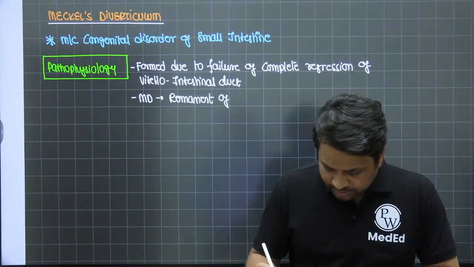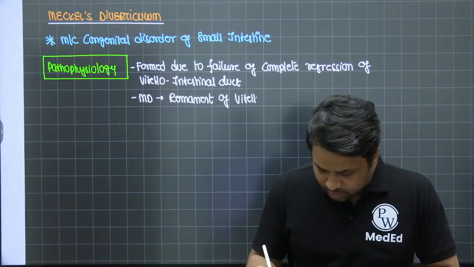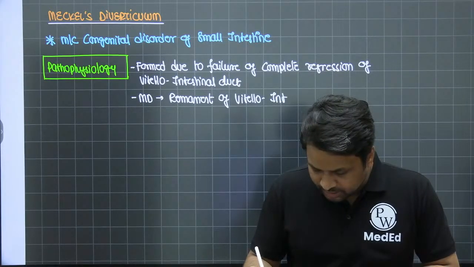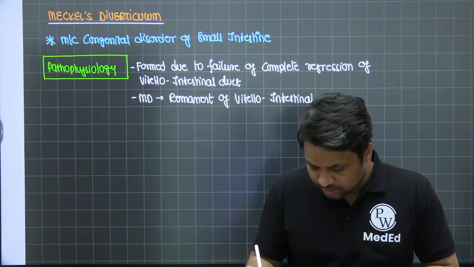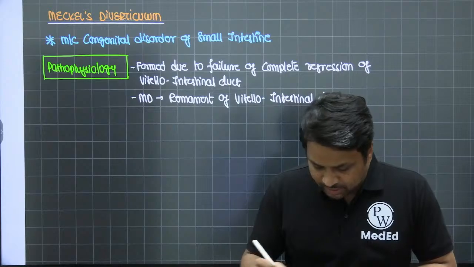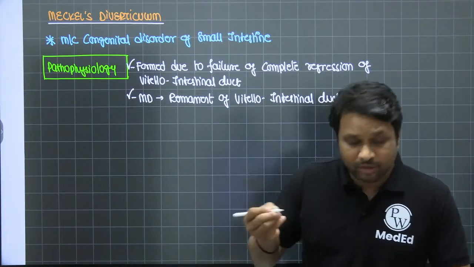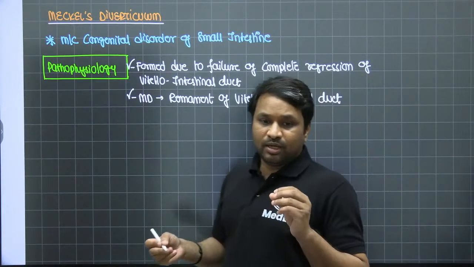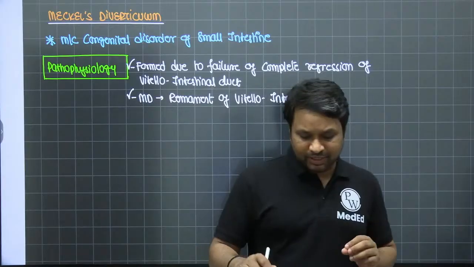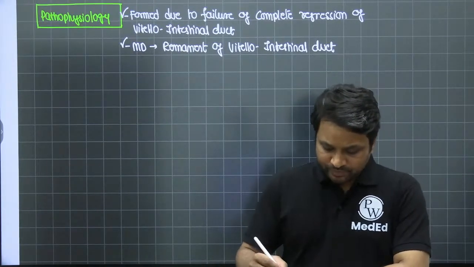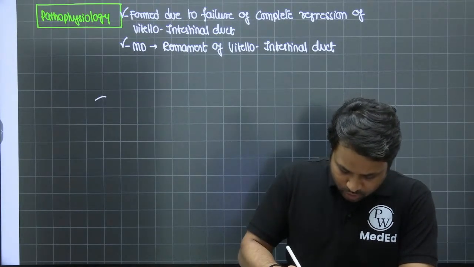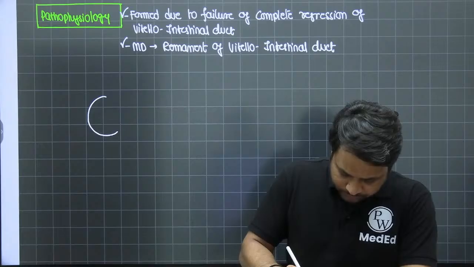It's a remnant of the vitelo-intestinal duct. Now, if you have already seen my lecture before on the development of the small bowel, I have told you very specifically that initially there is the presence of the yolk sac.